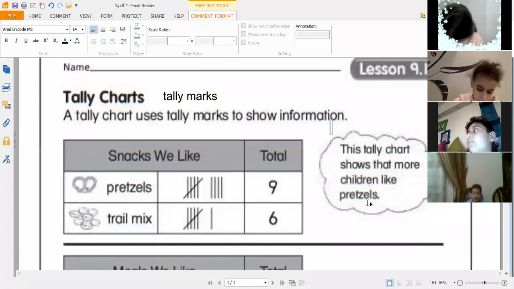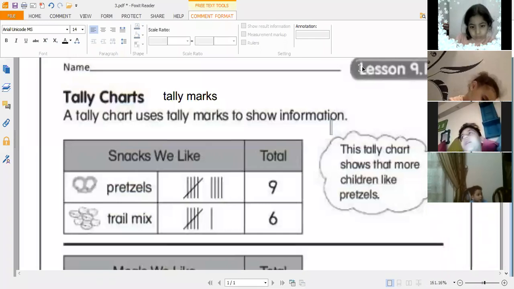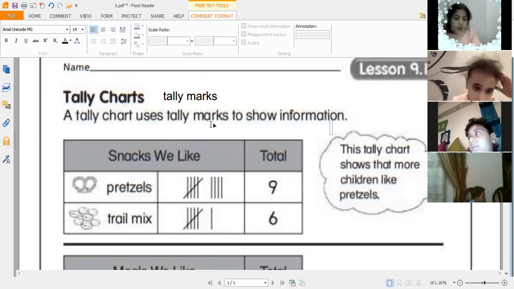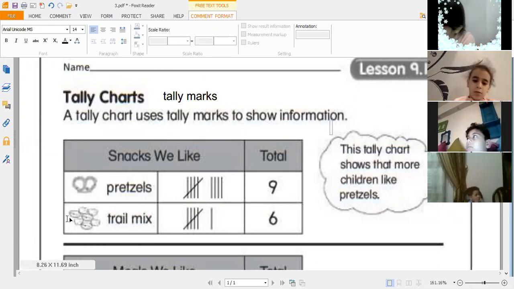What's the difference, Batul, between the tally chart and the tally marks? Why do we call this a tally chart?